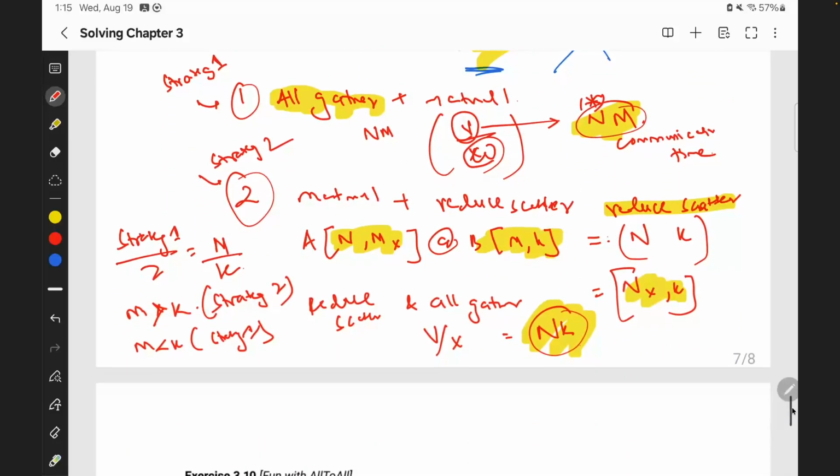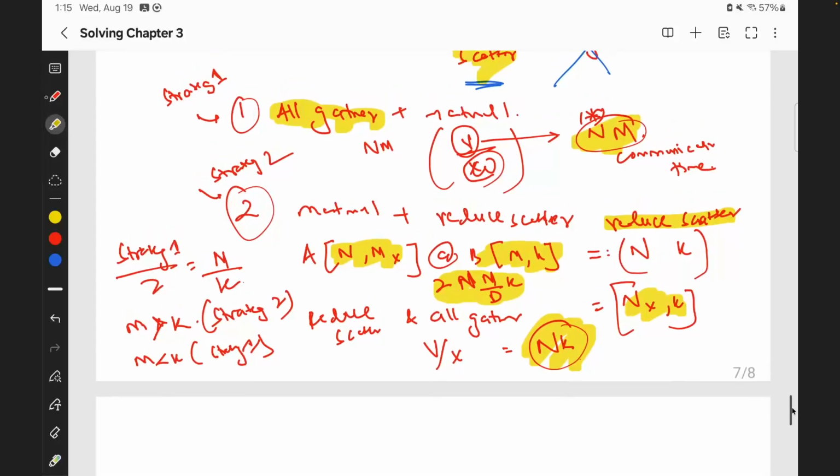Here it is lesser, it is 2nmk divided by D, because your m matrix has been reduced. You're just getting a partial result. So this is the main conclusion based on the communication that we have.